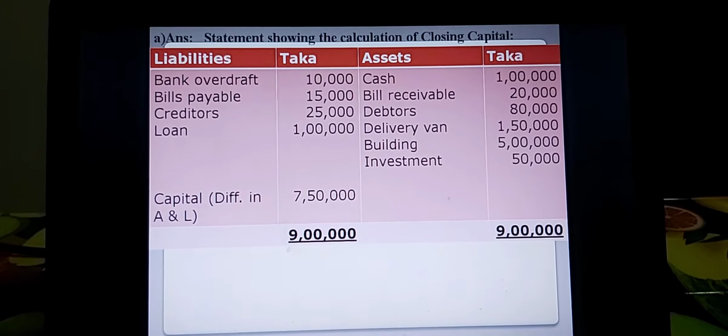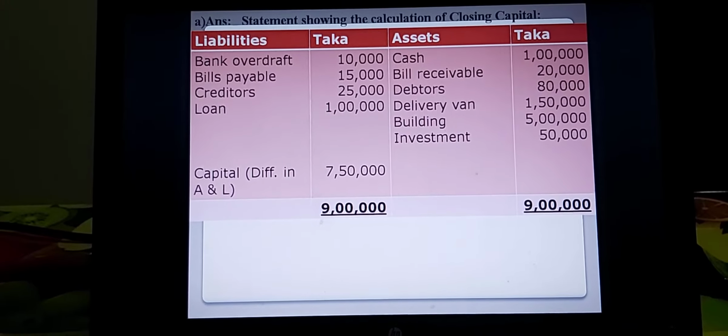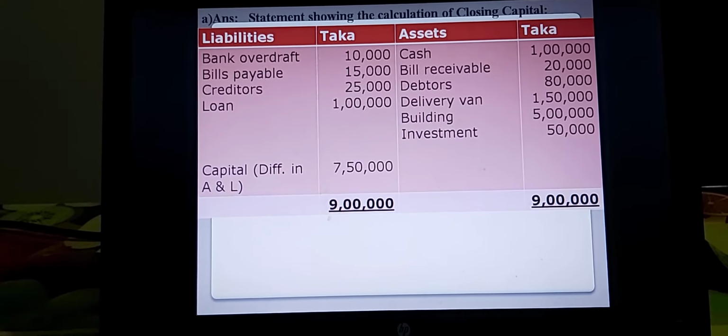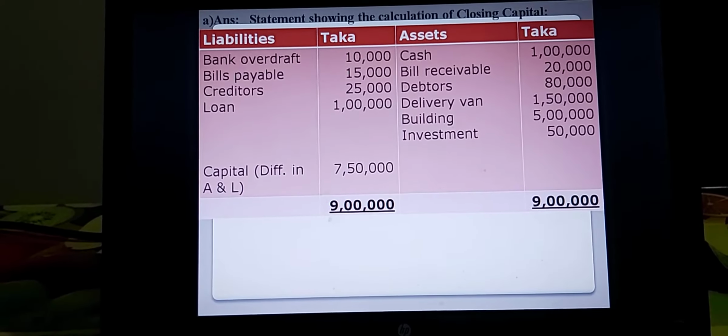In left side, liabilities 31st December, bank overdraft taka 10,000, bills payable taka 15,000, creditors taka 25,000, loan taka 1 lakh. Total of liabilities, that is the amount of taka 1,50,000.